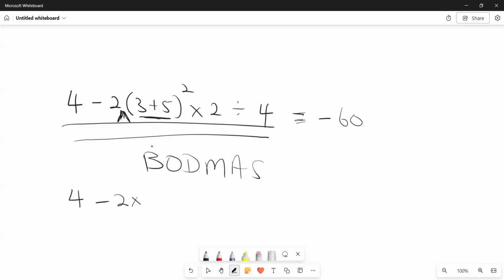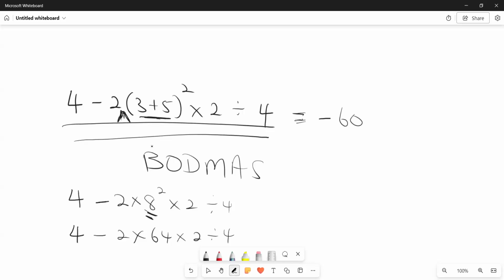Times 3 plus 5 is 8, 8 squared, multiplied by 2, divided by 4. Our next step is to work out powers of numbers. So you get 4 minus 2 multiplied by 64 multiplied by 2 divided by 4.